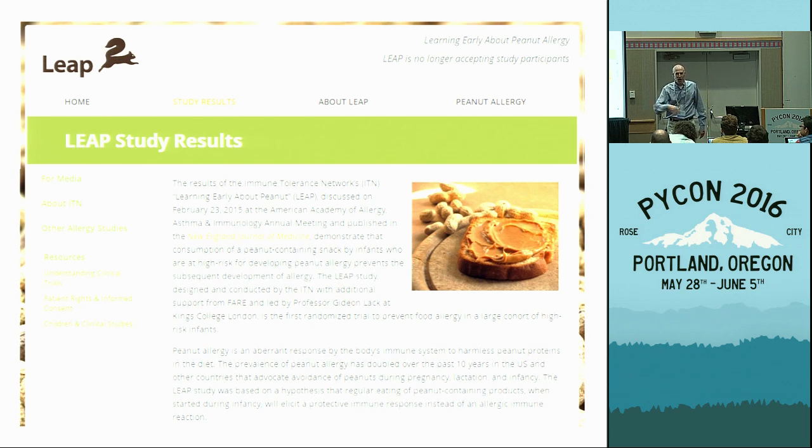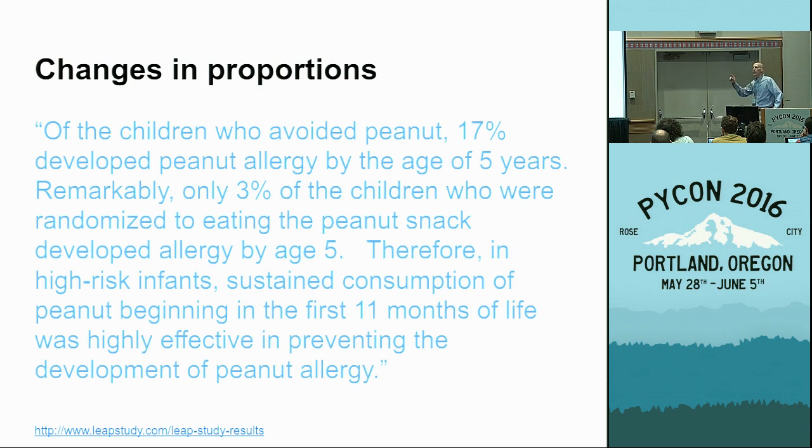And if they start eating peanuts young and continue eating peanuts, they are less likely to develop a peanut allergy. The difference was quite stark: the people who were not given peanuts had a 17% chance of developing a peanut allergy, and the ones who were given peanuts had a 3% chance.